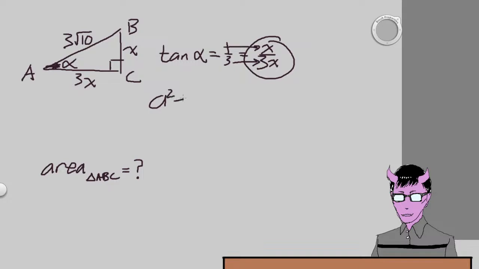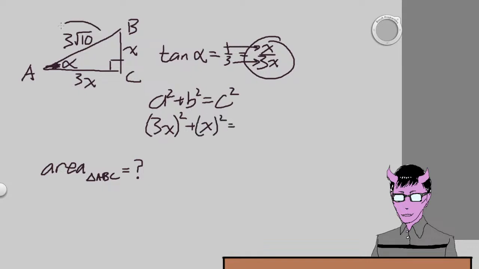So again, the formula is a squared plus b squared equals c squared. If you have a right triangle, which we do, if you plug in this one arbitrarily here, and this one there, we're going to get (3x) squared plus b squared, which is x squared.